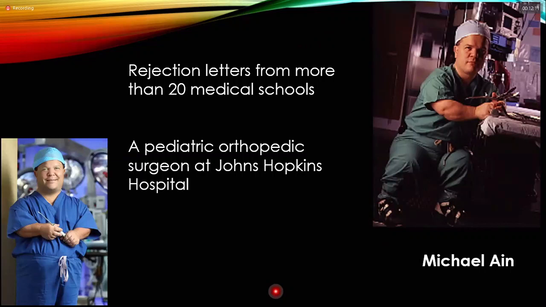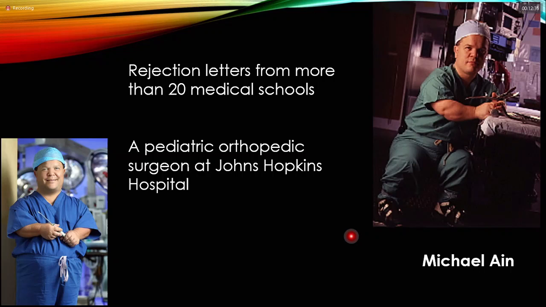As a very famous example, Michael Ian is a pediatric surgeon, an orthopedic surgeon actually, at Johns Hopkins Hospital, one of the best medical institutes in the world. He got that position at Johns Hopkins Hospital after 20 letters of rejection from medical schools due to his condition.